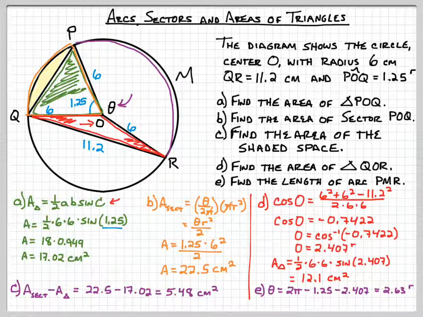Now we can find the proportion of the circumference: the length is theta over 2 pi times the circumference, 2 pi r. Simplifying, we get a nice easy formula, length equals theta times r. So we have 2.63 radians times 6 for our radius, and we get 15.8 centimeters for the length of PMR.